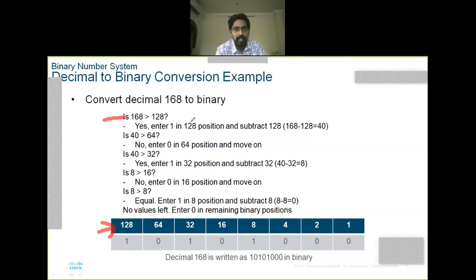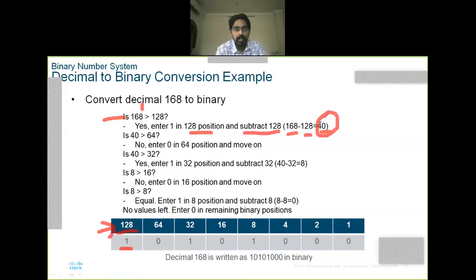If it is greater, write a 1 in that position and subtract the position value from the given input number. 168 minus 128 gives 40. So 40 is the result.